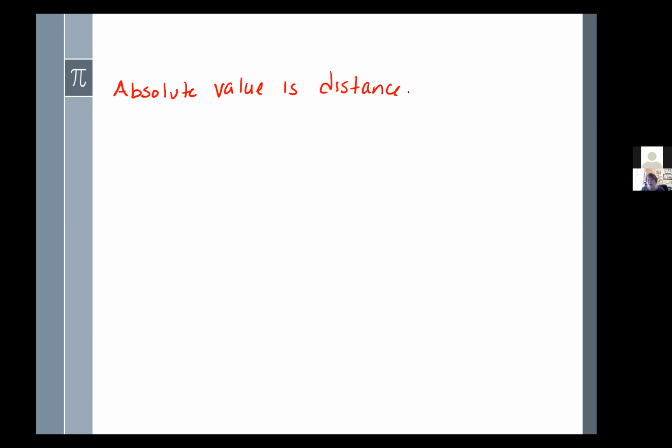So distance is always positive. Now, direction can be positive or negative, but the actual distance is always a positive quantity. The direction you walk may be negative, but the distance you walk is positive.